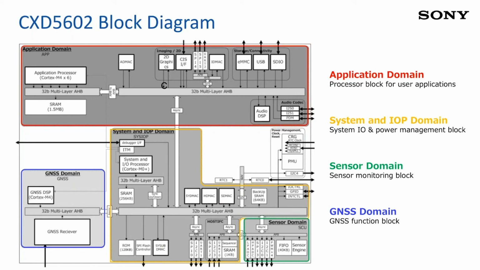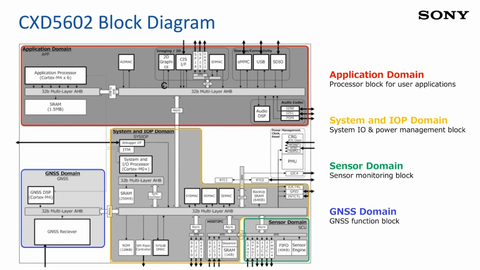The red block, what is it called? Application domain. The application domain is the processing block for user applications. What is the yellow one? The yellow one is the system and IOP domain. This block is managing all of the input, output, and power for you.